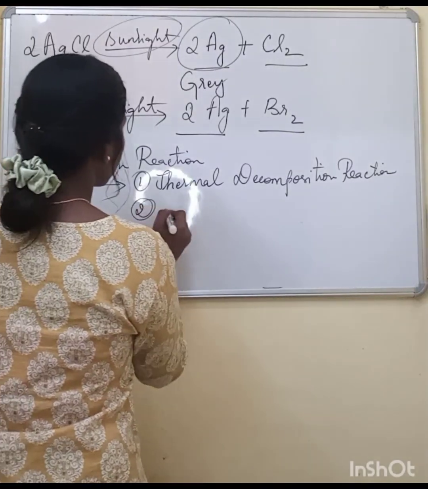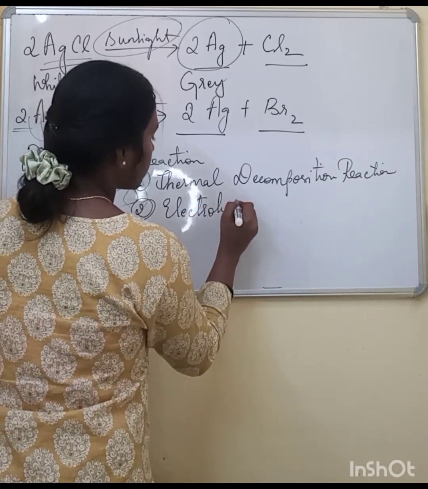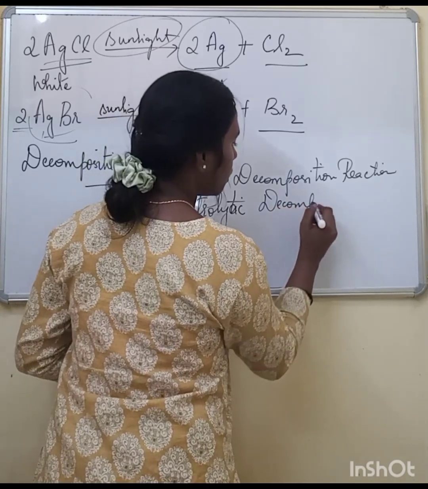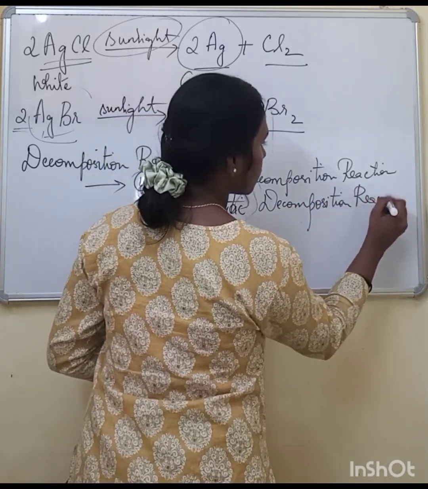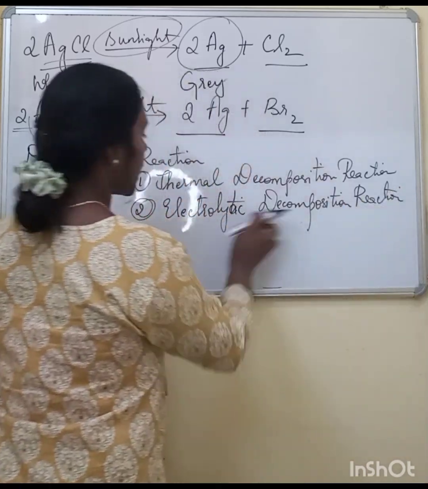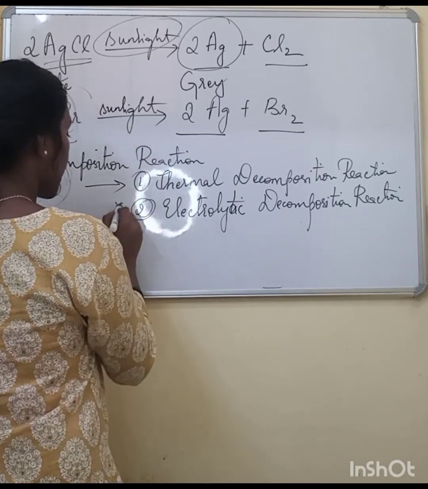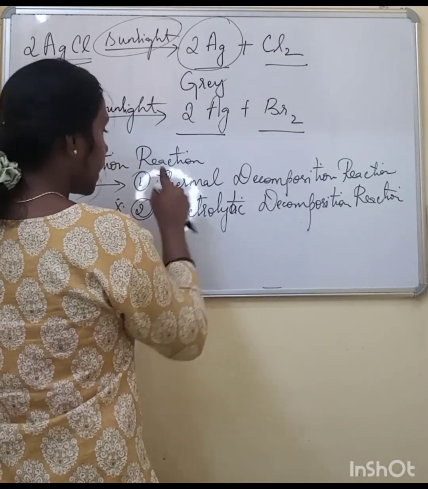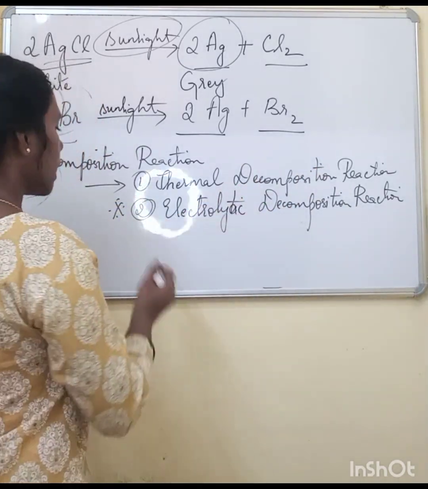The next one is electrolytic decomposition reaction. For this reaction, the example was splitting of water, and the diagram is very important. In the thermal decomposition reaction, why the color of ferrous sulfate changes is also important.